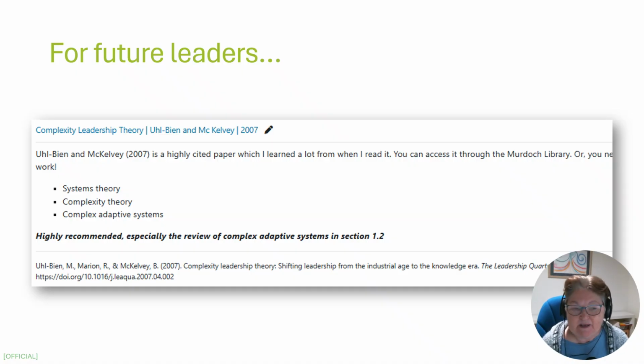This is a paper by Uhl-Bien and McKelvey, and they talk about how complexity is really important for leadership, being able to inhabit places that are uncomfortable and to retain that ambiguity and uncertainty and avoid making snap decisions that simply reduce uncertainty but don't actually help to solve the problem.